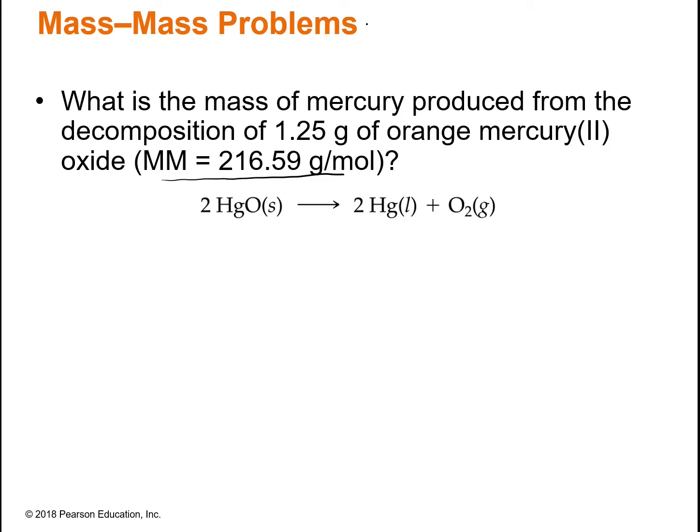You're not going to have this lovely little title that says mass to mass problems. You're going to have to figure that out. What is the mass? Okay, so our question is about a mass of mercury produced from the decomposition of 1.25 grams of mercury 2 oxide.